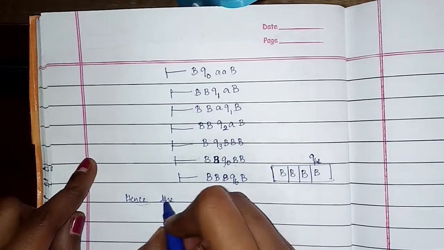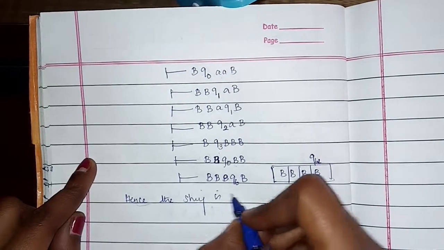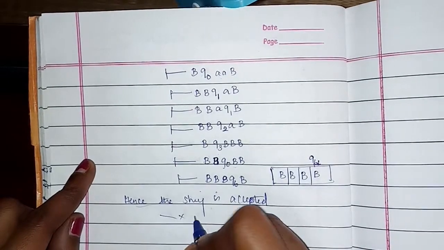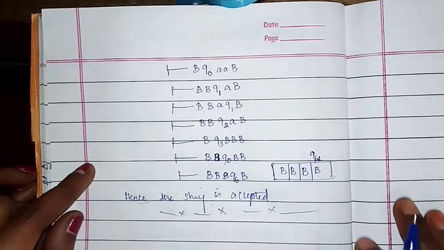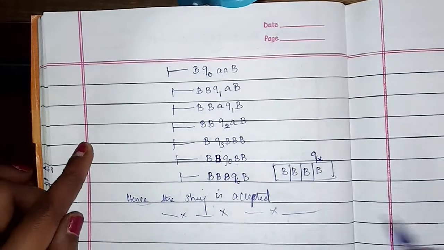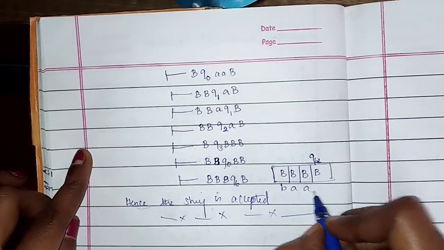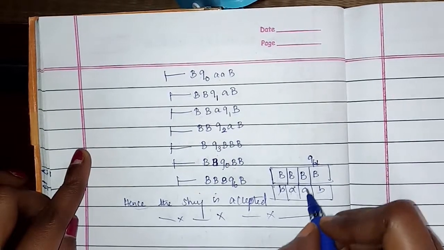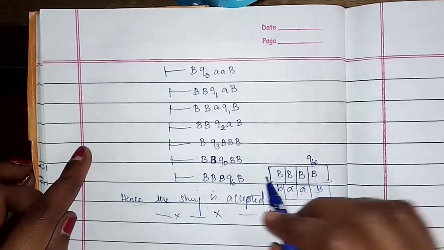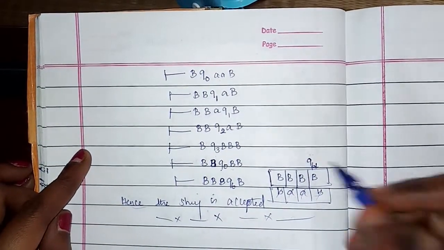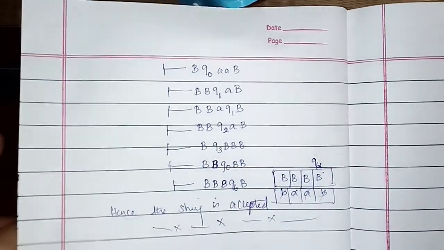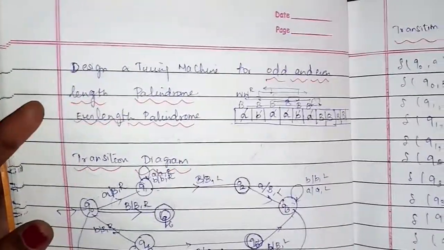Hence, the string is accepted. So all my strings are changed as blank symbol and it stayed in last state Q6. So see this. Thank you.